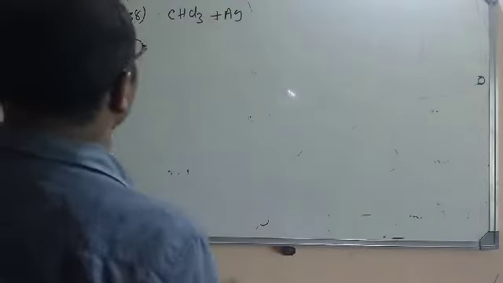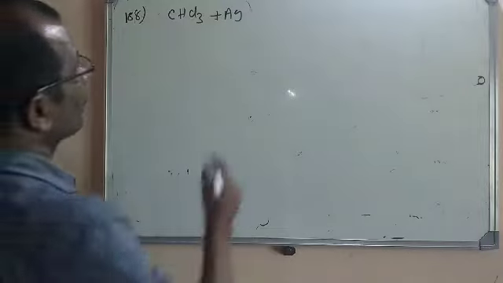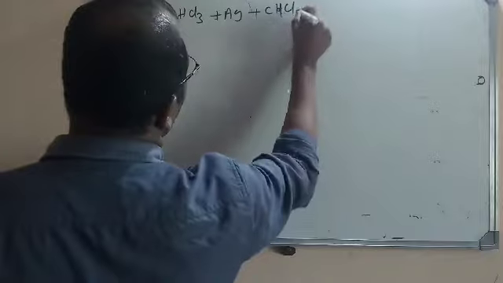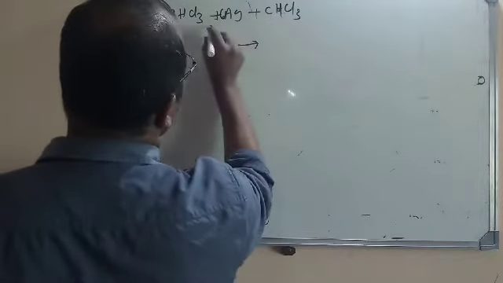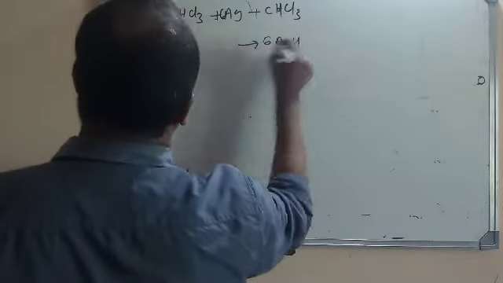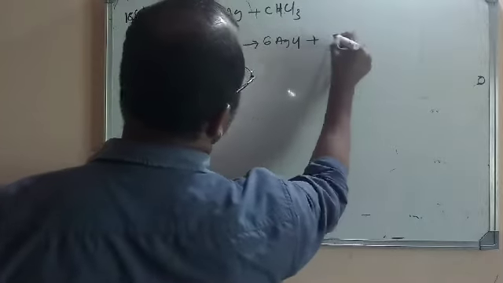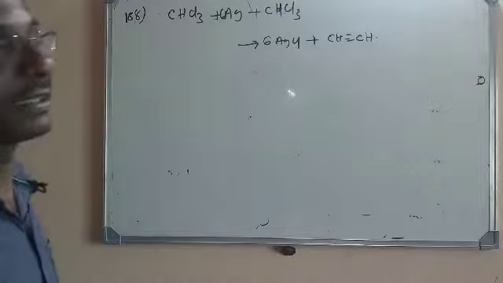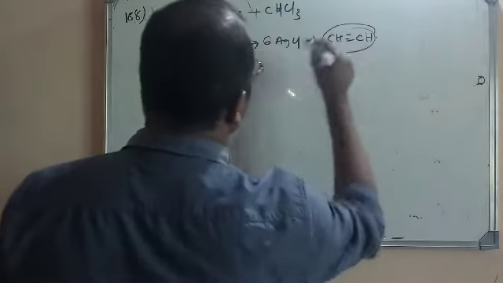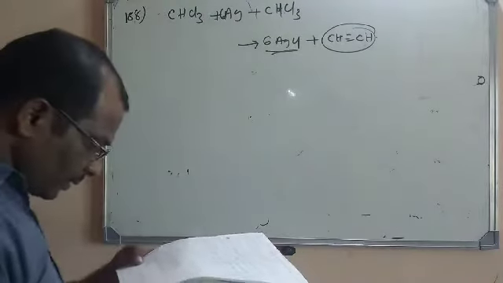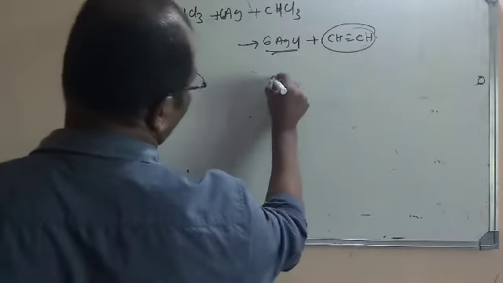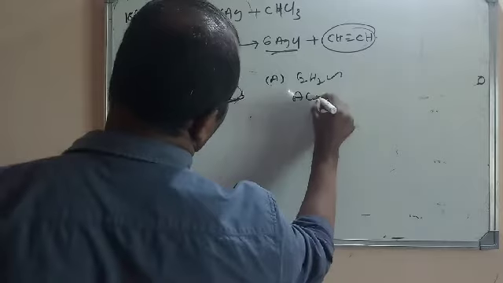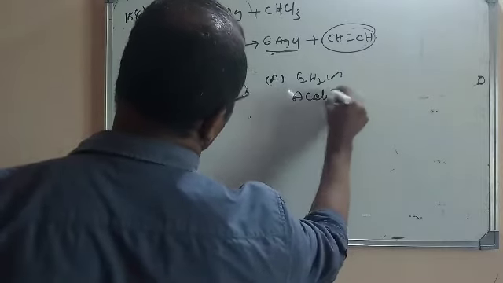Silver powder is Ag. Look here, what will be formed: 6 AgCl, and also CH triple bond CH, that is nothing but acetylene. So acetylene and AgCl will be formed. Option A is the correct one, C2H2, acetylene. This is one of the methods of preparation of acetylene.